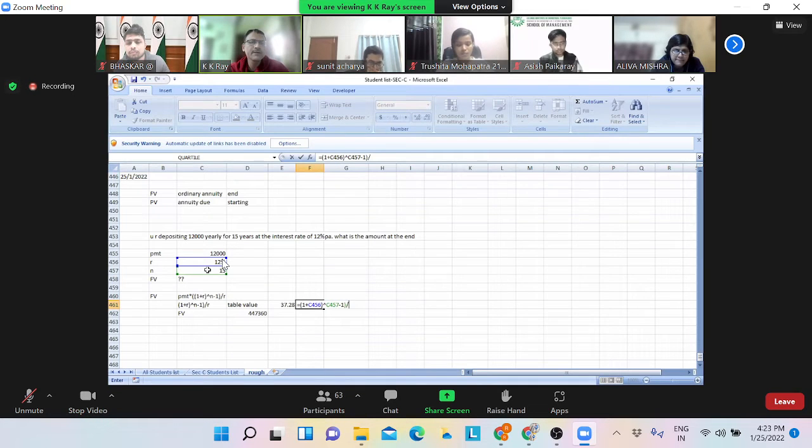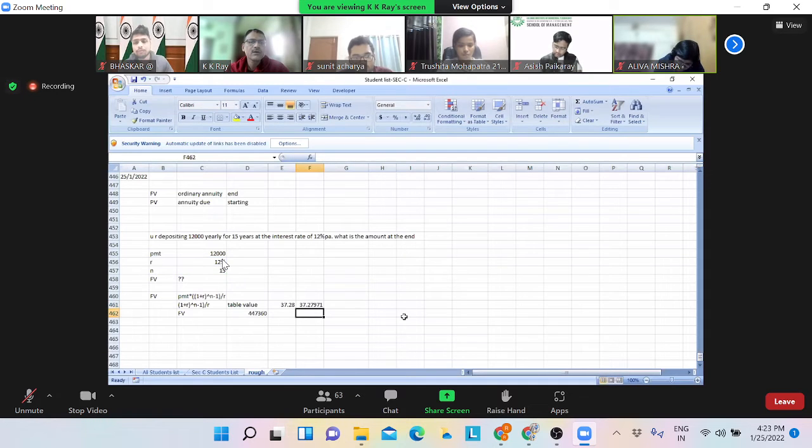That's the whole divided by r. So this is 37.27971 actually, multiplied by 12,000. That gives 447,356.6.